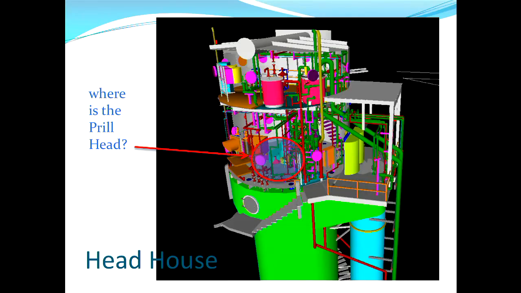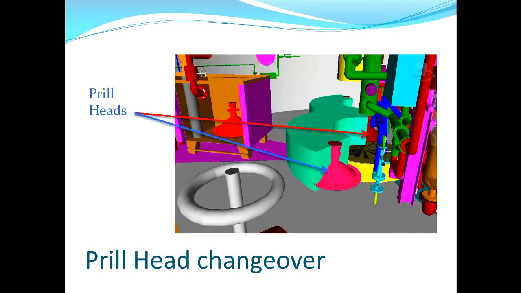There's the prill head there. Let's take a close-up view of it. There are two prill heads, one that's in use and one that's about to be in use. This green thing here is really just the swept space that, in our new design, the prill heads swing through as they get moved into place.